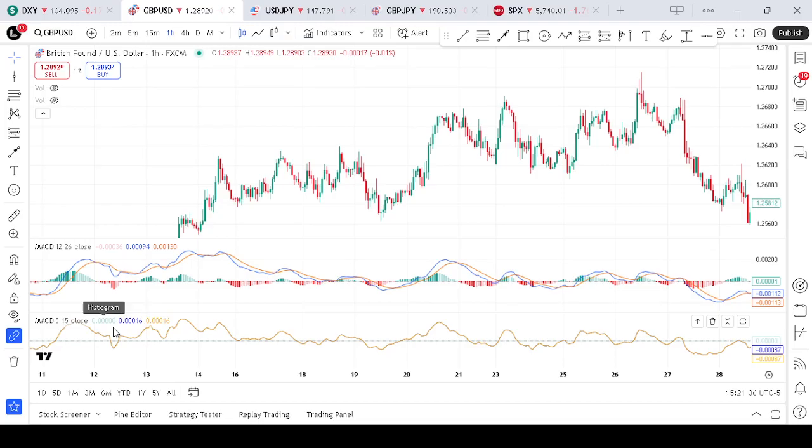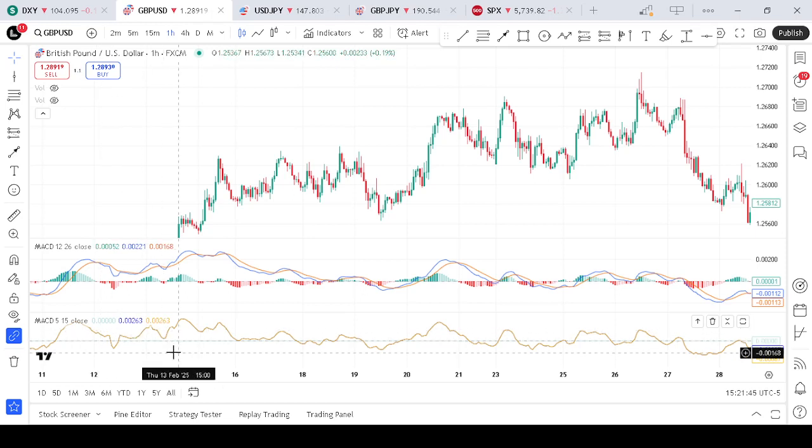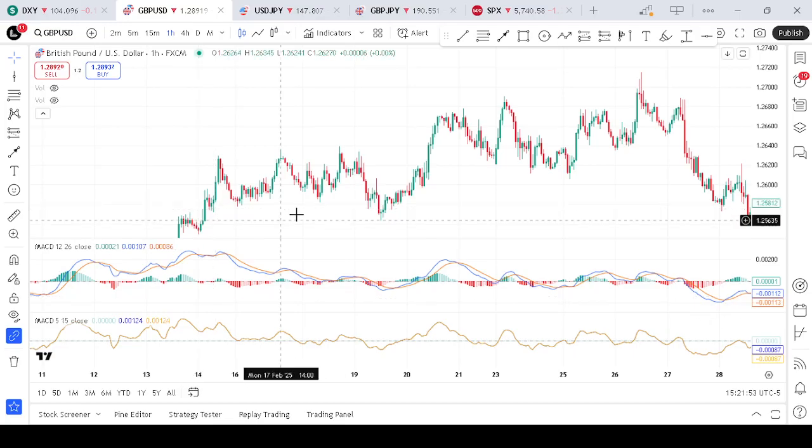For the faster one, you use 5 for the EMA, 15 for the period EMA, and 1 for the period signal line. These two MACDs will work together to filter out noise and pinpoint high probability trades.